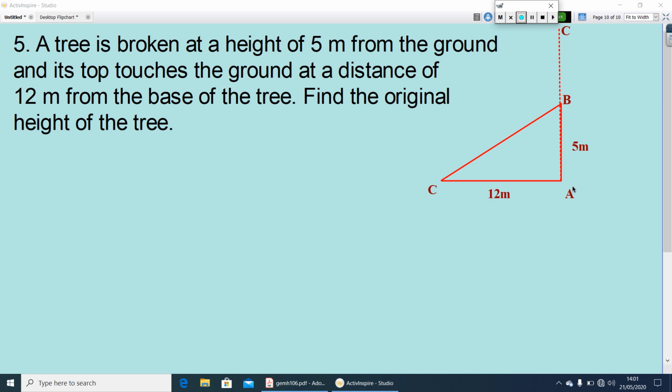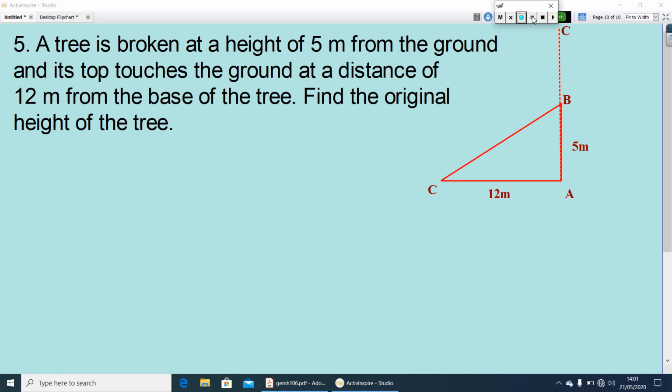So AC is the distance from base to the top of the tree, that is 12. AB is 5. Now by using Pythagoras theorem, find out BC. You can write BC square is equal to AC square plus AB square. After getting BC, to get the original height, you have to add AB plus BC.